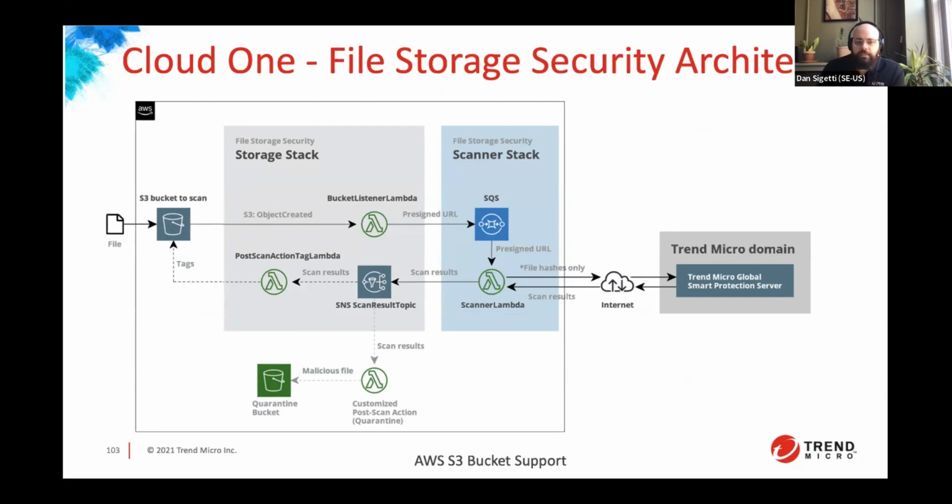We have two stacks, a storage stack and a scanner stack. The verbiage for that can basically be tied to a CloudFormation template. You could deploy these two stacks together within one CloudFormation template, or you can deploy them separately within separate CloudFormation templates. The key piece of that is that they're aware of each other. So let's say you have a scanner stack inside of a centrally managed account, right?